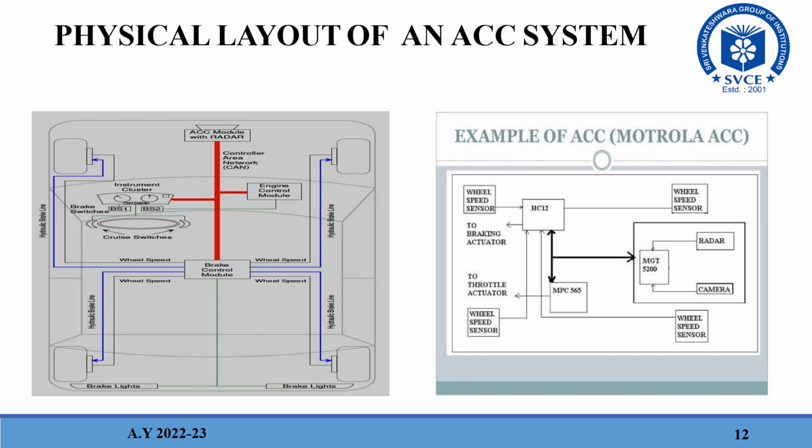The 68HC12 is a 16-bit microcontroller family from Freescale Semiconductor, originally introduced in the mid-1990s. The HC12 is a braking controller which receives data from the wheel speed sensors and from the DSP module. It generates the braking control signals.